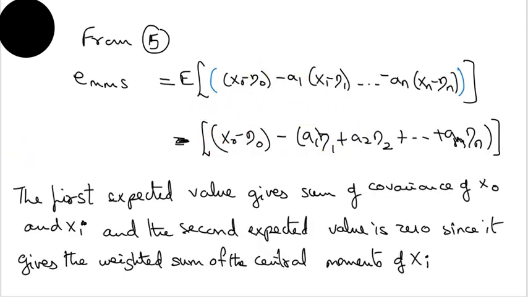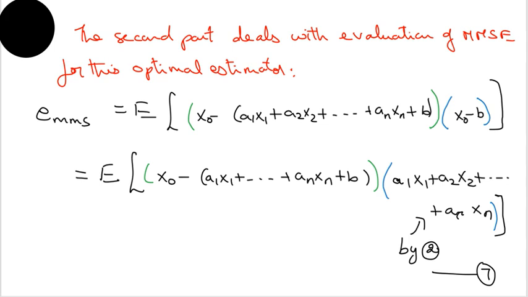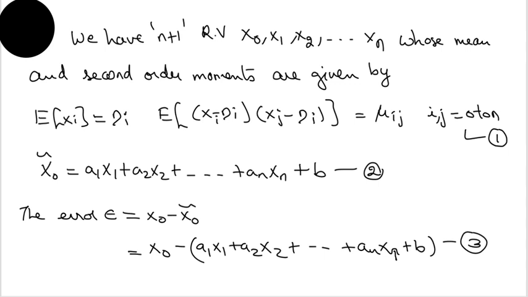What is our mu ij? Please recall, I suppose in the beginning we have mentioned what our mu ij was. Mu ij is E of xi minus eta i into xj minus our eta j. So now please look at this eta i, this also becomes eta j.